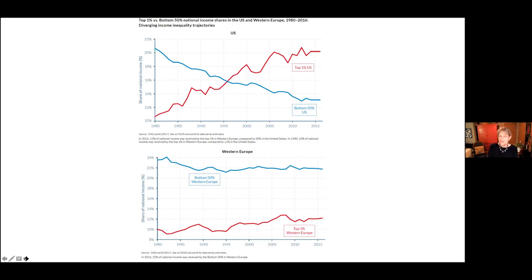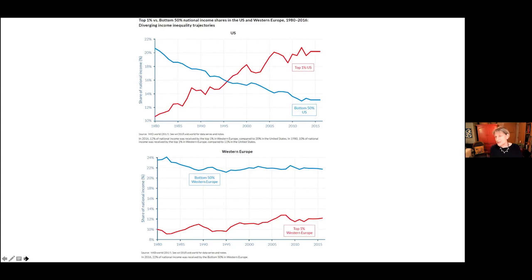And if we fast forward, what we see is that in the US, we have had this incredible divergence where the top 1% now controls about 20% of national income, and the bottom 50% controls only about 13%.